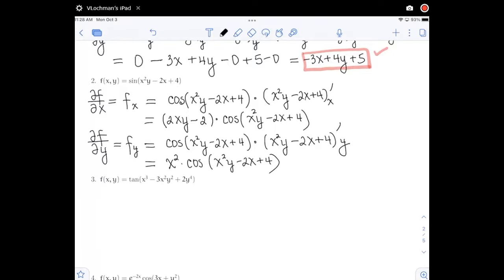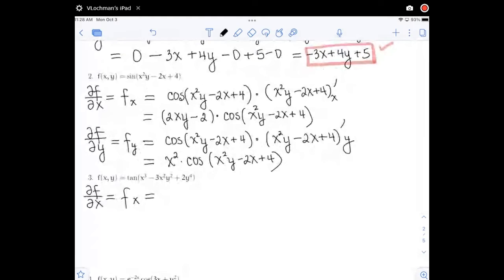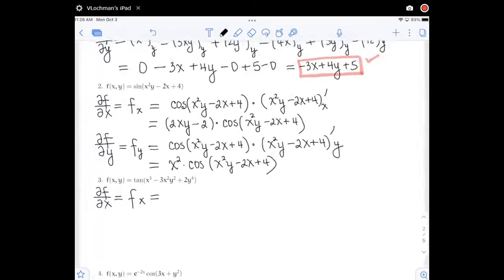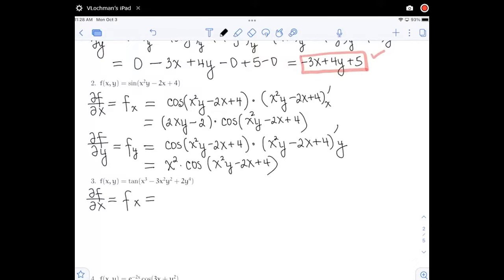Okay, df dx, what's the derivative of tangent, right? That's the first thing. So what is the derivative of tangent? Secant squared.